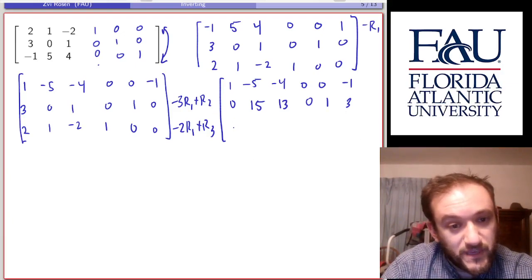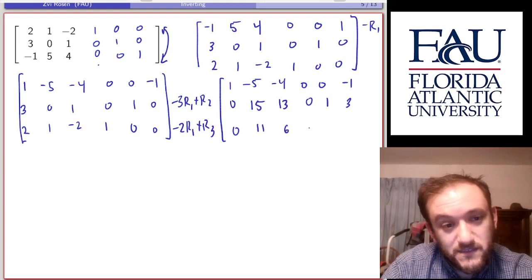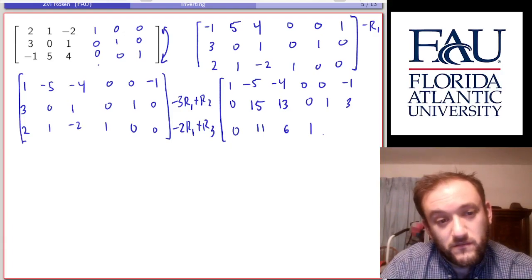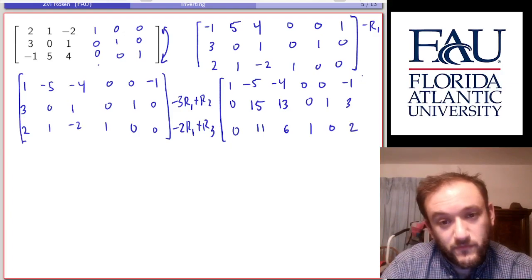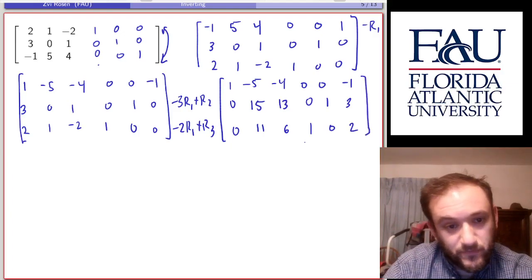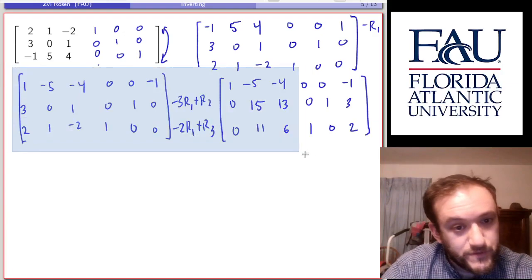In the last row we get 0, 11, 6, 1, 0, 2. Okay, so far, so good.